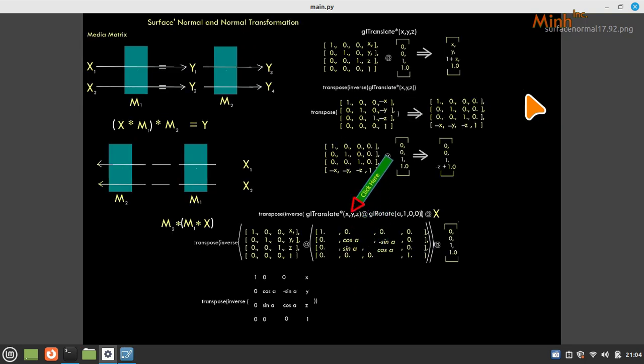I think the font is pretty small, so we'll do these multiplications. Whatever we receive from this and this, then we'll do the inverse, and then the transpose.